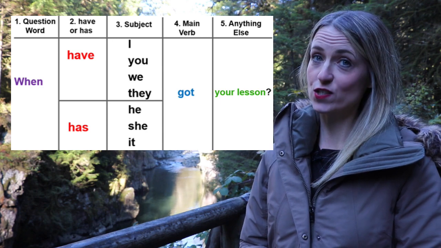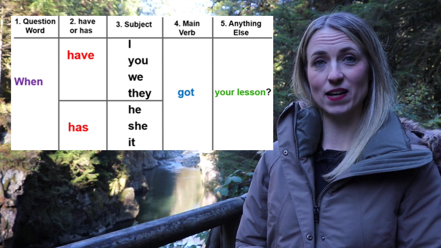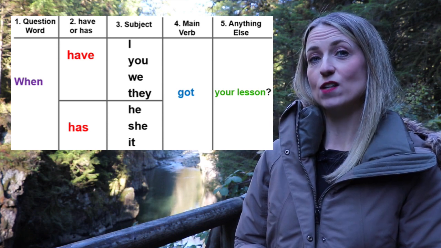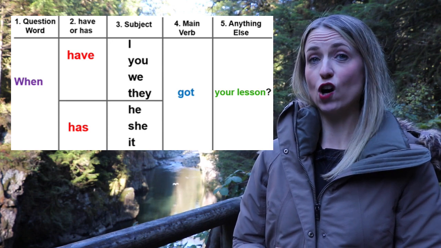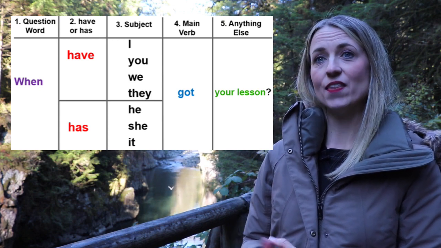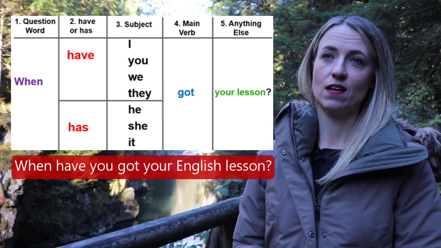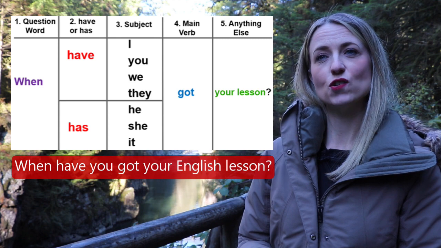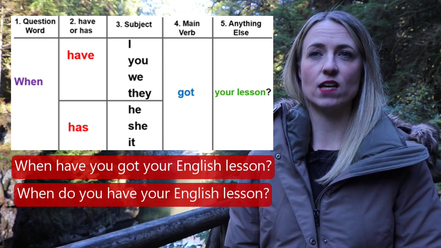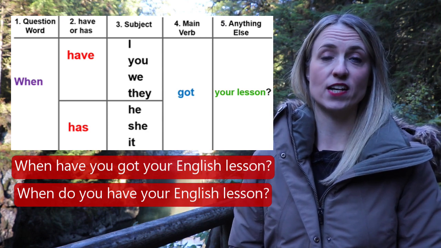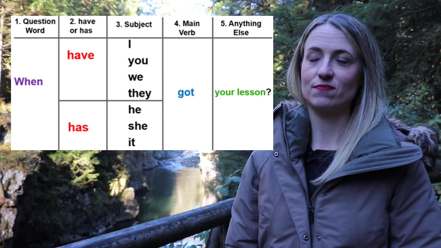We have our question word in first place, our have or has in second place, our subject in third place, our base verb got in fourth place, and then anything else in fifth place. When have you got your English lesson? Remember, this is the same as asking, when do you have your English lesson? Both of these questions mean the same thing.